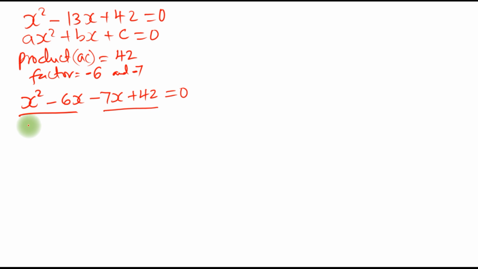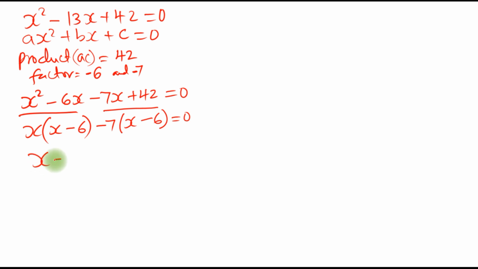So we have x common, so x squared divided by x, that is x, minus 6x divided by x, we get minus 6, close the bracket. The other one, 7 is common, so minus 7x divided by minus 7, we get x, and 42 divided by minus 7, we get minus 6, close the bracket, equal to 0.